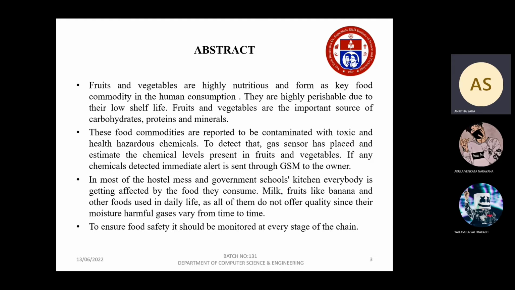The fruits and vegetables sold in the market contain some chemicals, so they are not purely natural. To increase productivity, they include some chemicals, which are not good for human health. To detect all those chemicals present on the vegetables, we are doing a small project on it.